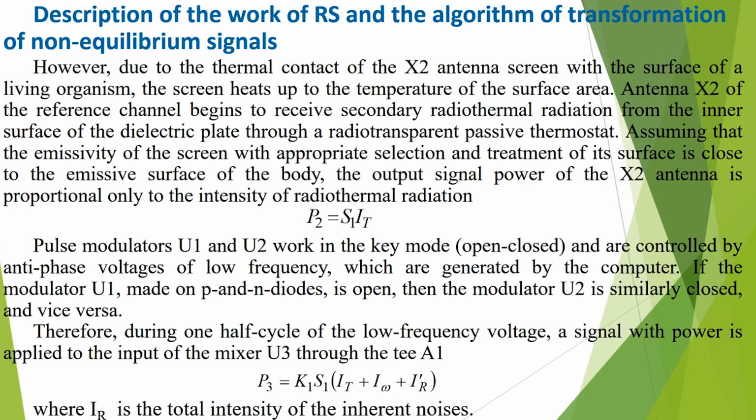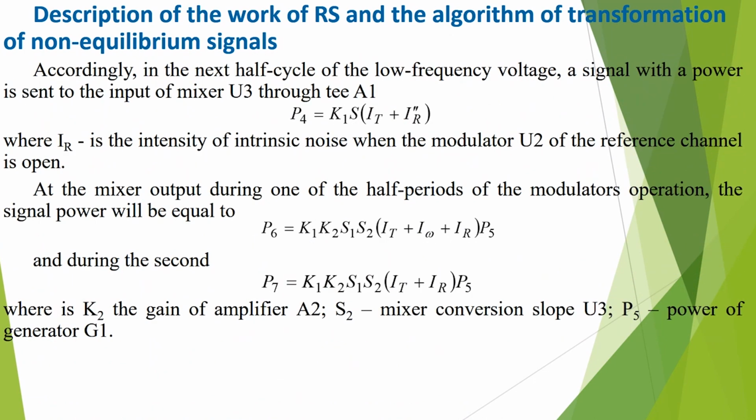Therefore, during the half cycle of the low frequency voltage, a signal with the power is applied to the input of the mixer U3 through the TA1. Accordingly, in the next half cycle of the low frequency voltage, a signal with the power is sent to the input of mixer U3 through the TA1.